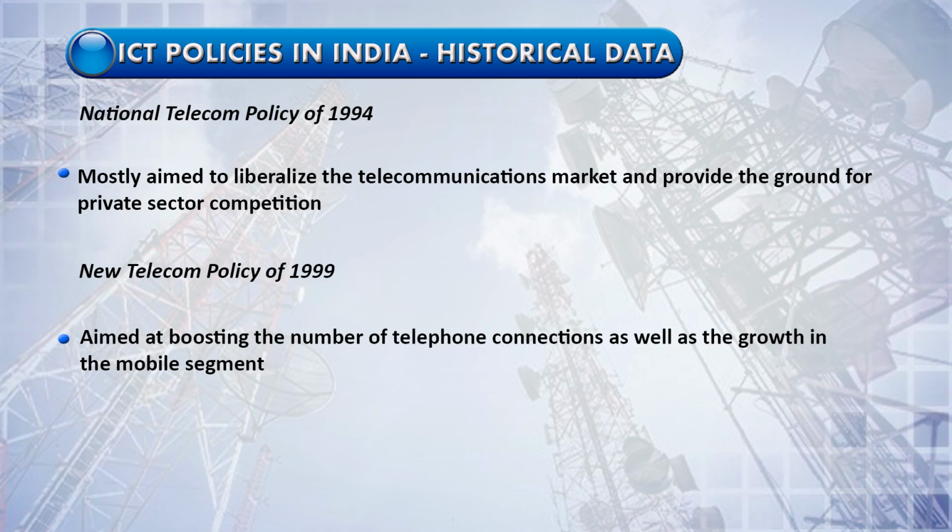Since the earlier policy had been introduced five years back and covered the basic ground, they wanted to enhance connectivity by providing better infrastructure. The aim was to provide more telephone connections, because at that point of time internet facility was available through dial-up, and the speed was very low. Mobile was introduced in 1995, but the mobile segment was also in a very nascent stage.